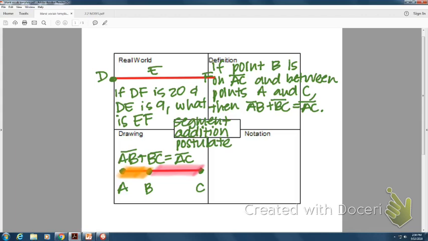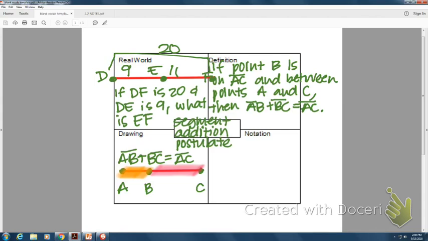So if DF is 20 and DE is 9, what is EF? 11. So just simple. 11 plus 9 is 20. Questions on the segment addition postulate?